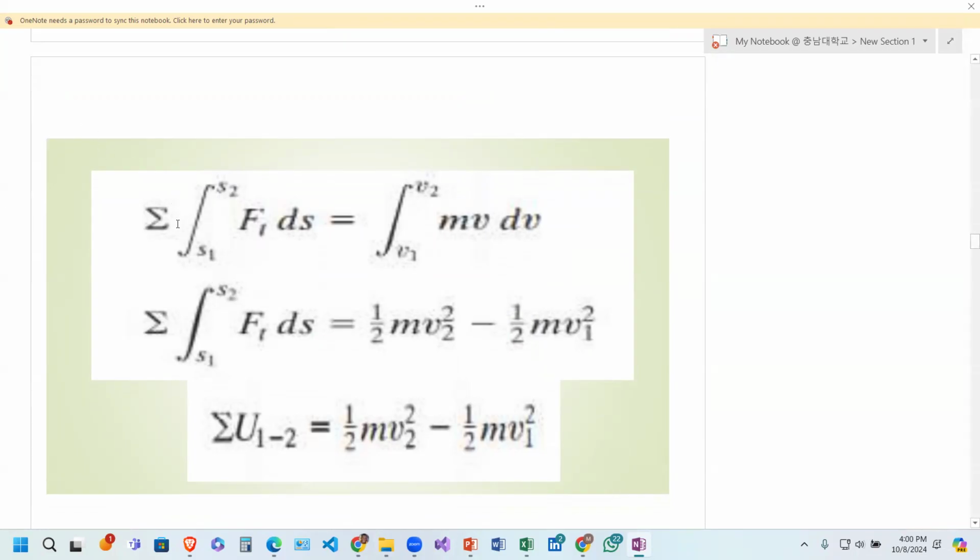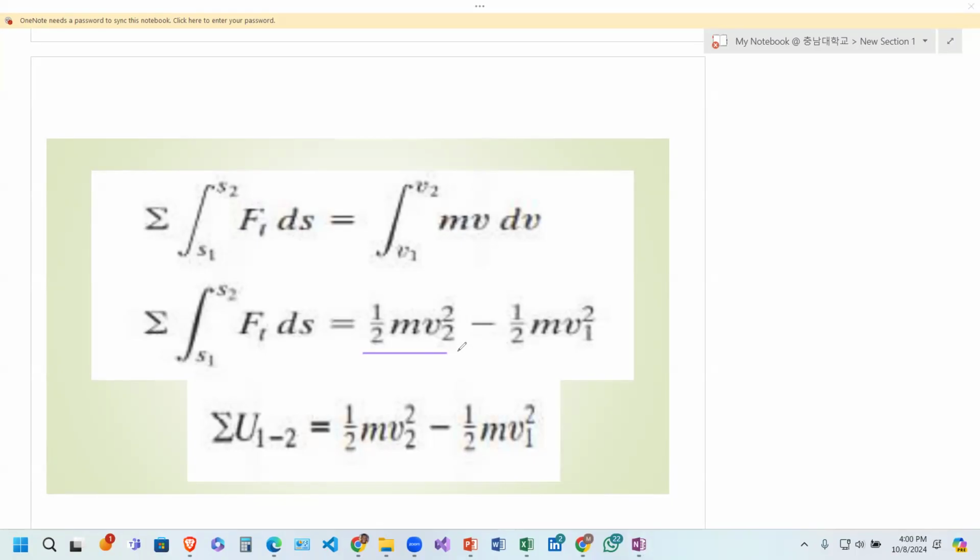So now this is summing up our work done. The summation of work done will be given by the integral from S1 to S2 of F1 ds, which is the same as the integral of mv dv from V1 to V2. Also, this is F1, because remember I told you F1 is now having acceleration, which is now having kinetic energy, which is a half mv squared.